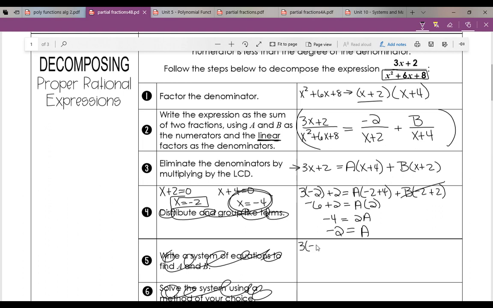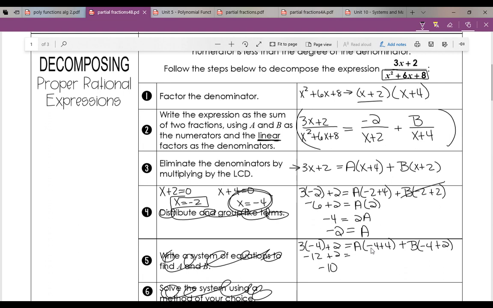So 3 times negative 4 plus 2 equals 2a times negative 4 plus 4, and negative 4 plus 4 is 0, so a is going to drop out, plus b times negative 4 plus 2. So on the left, we have negative 12 plus 2, which is negative 10.